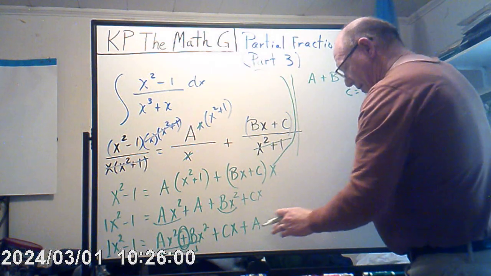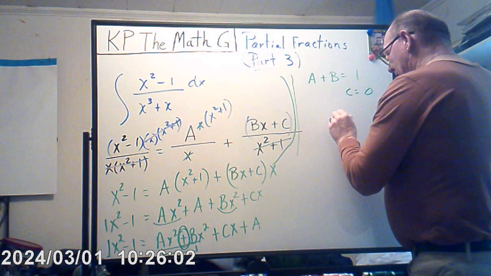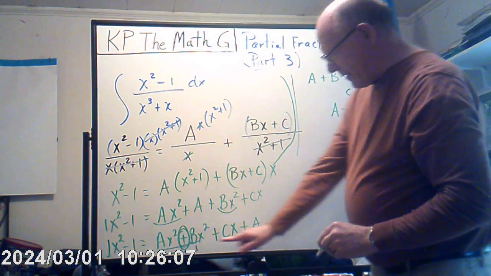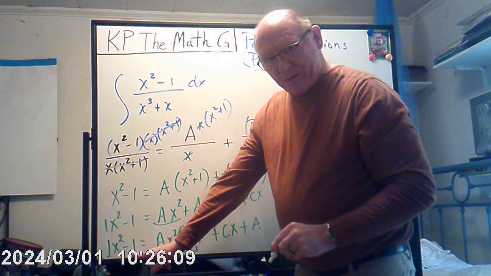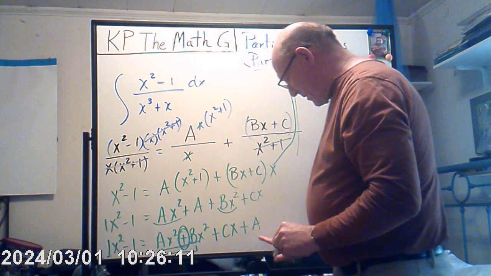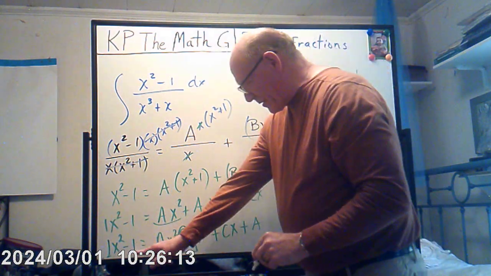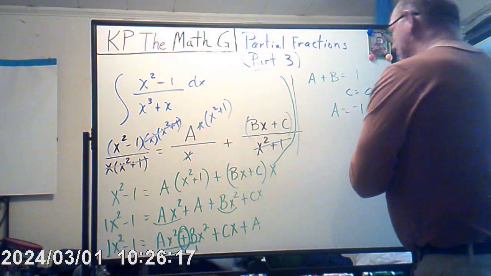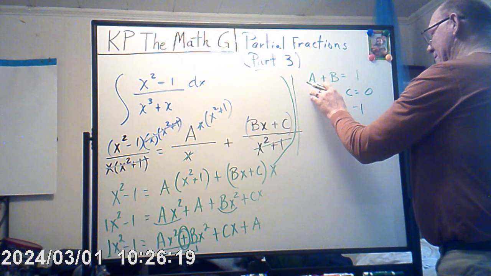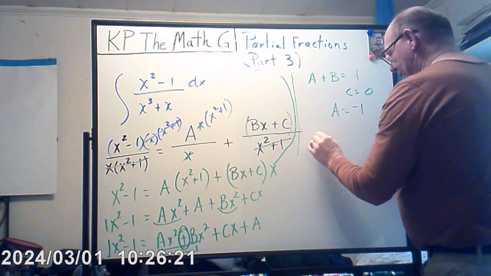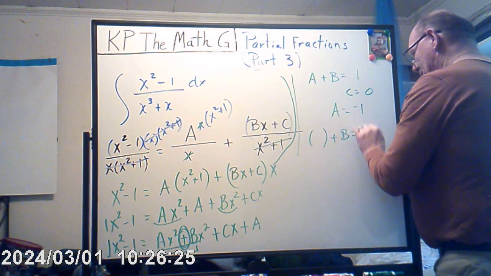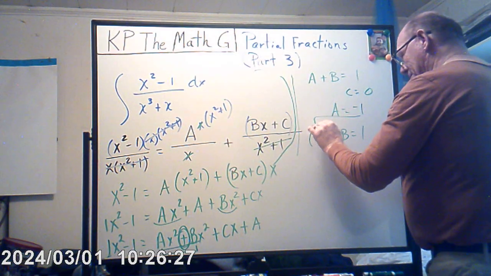And then A is associated with something. This constant is corresponding with this constant. So this constant A is equal to -1. So A is -1, which makes it easy to find B. A plus B is 1, so I'm going to substitute that back in here.